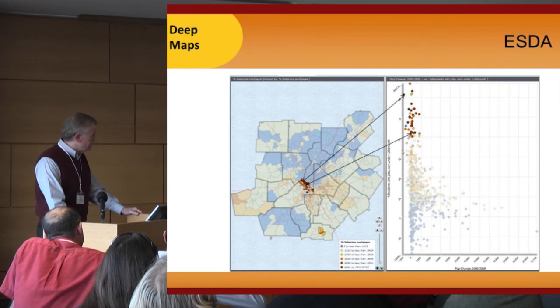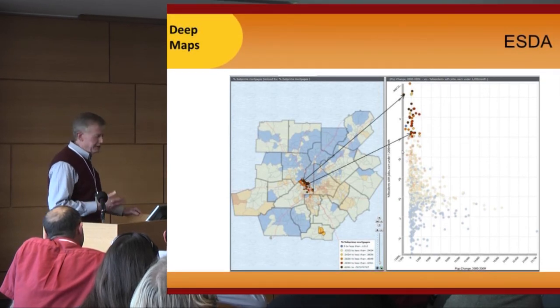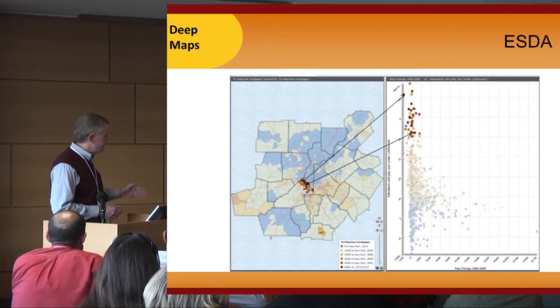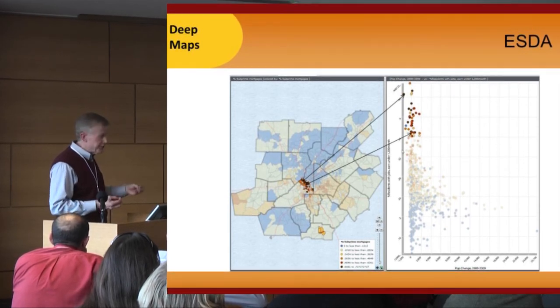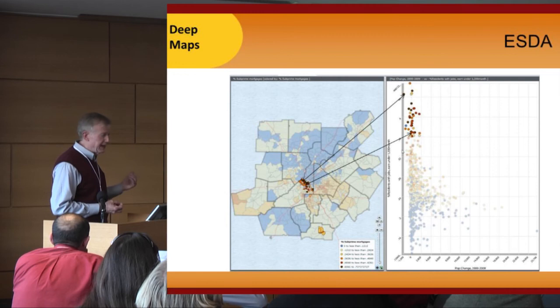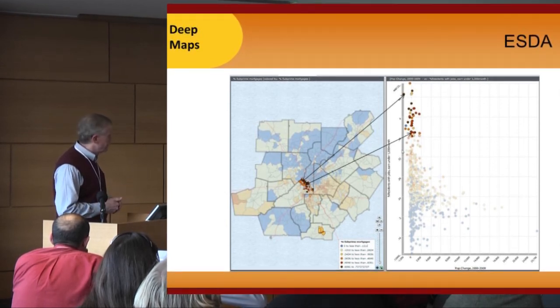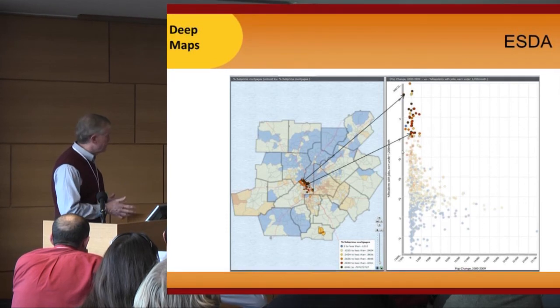And then we're also now beginning to add an exploratory spatial data analysis engine to this. This allows you to look at the data in a typical statistical way and then to find the spatial reference for it. This is coming from a different project, but it's the same thing that we're beginning to implement.